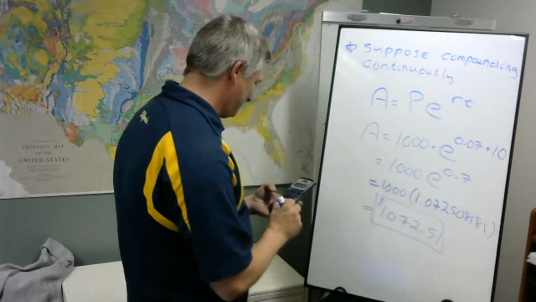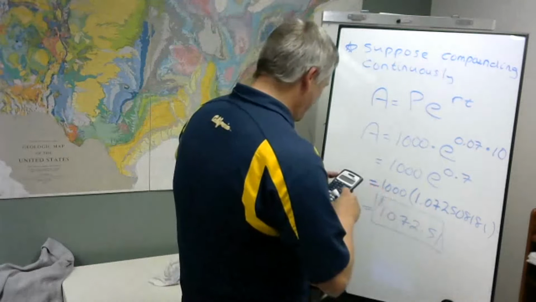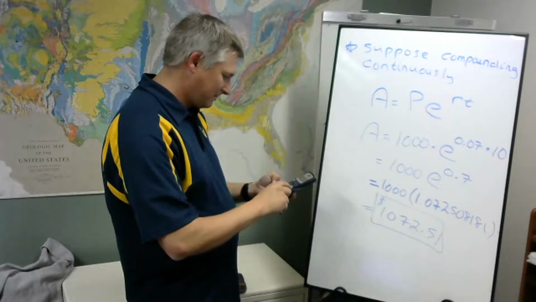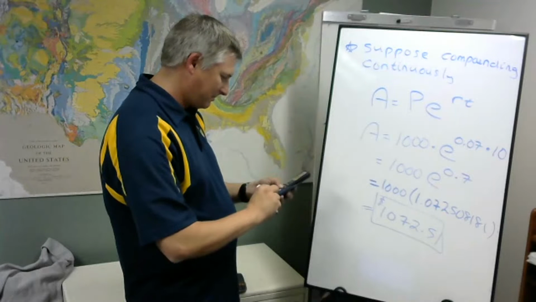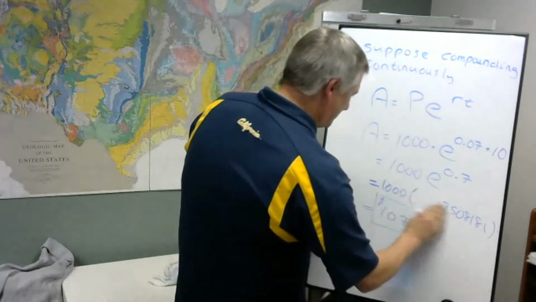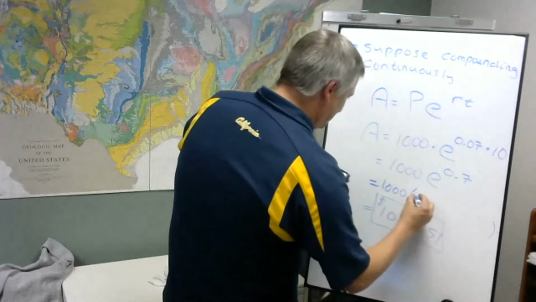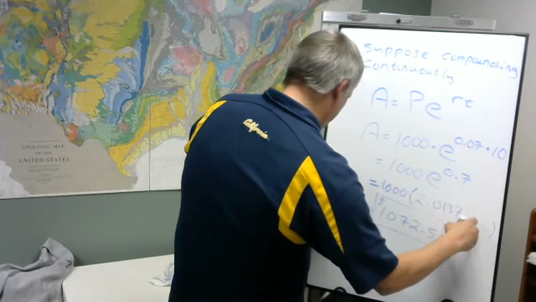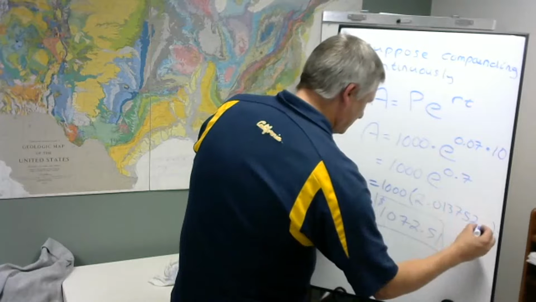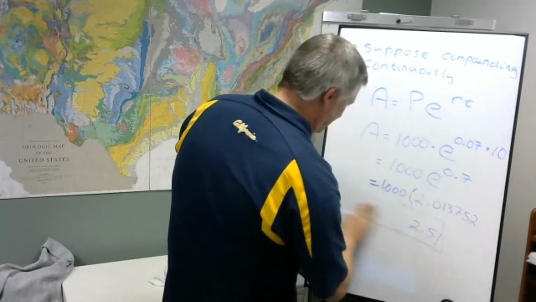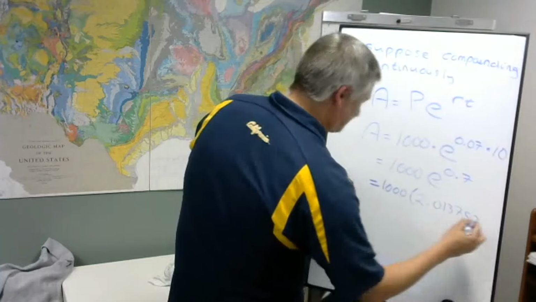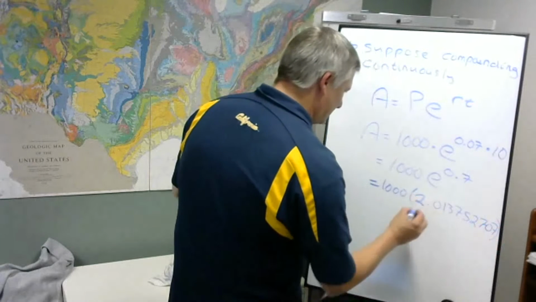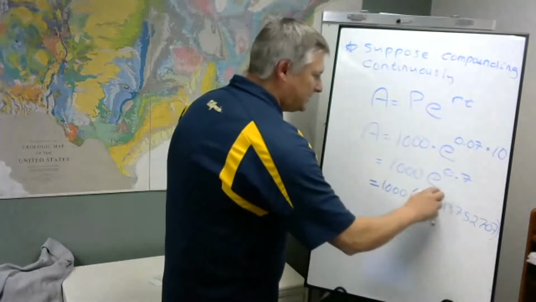Oh, made a mistake. Sorry about that. I miswrote that. Seemed a little funny. Pardon me for just a moment. Gosh, I must have typed in something peculiar. It's this. All right, so this is the number, e to the 0.7.